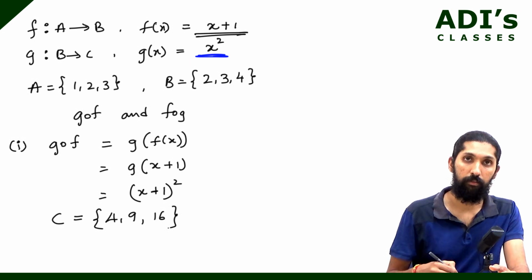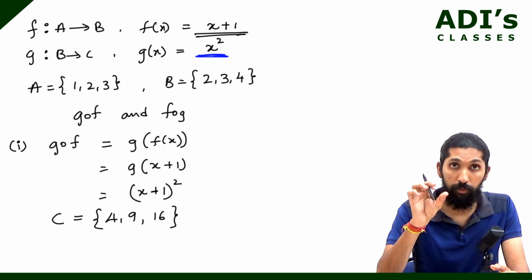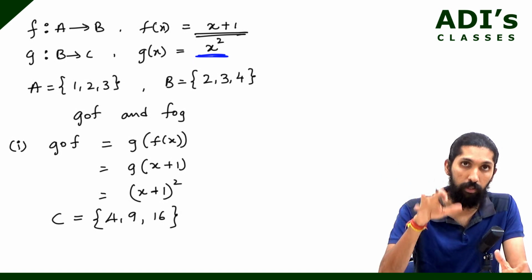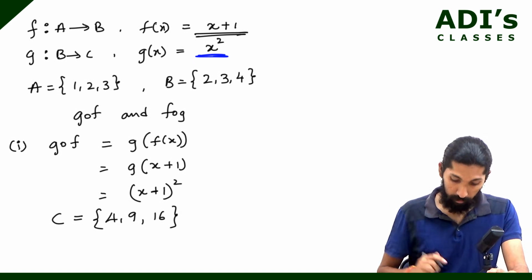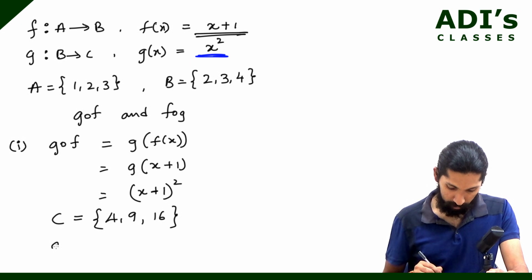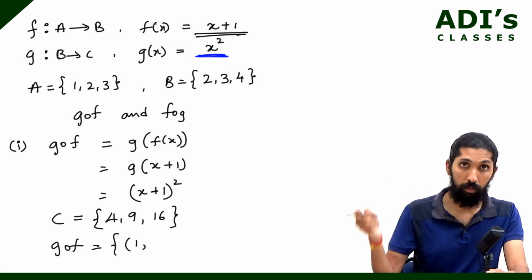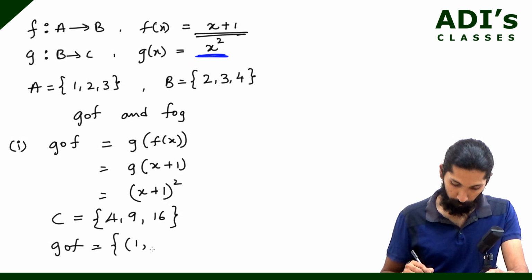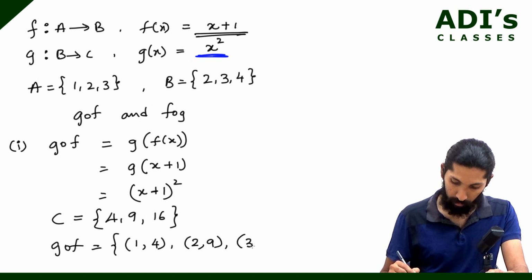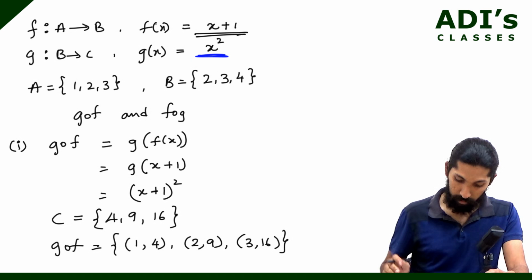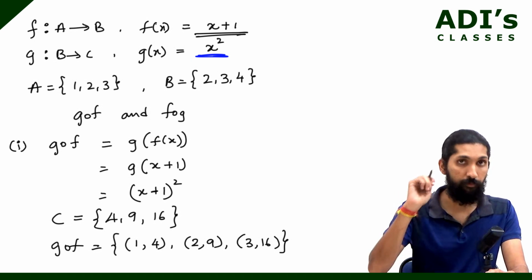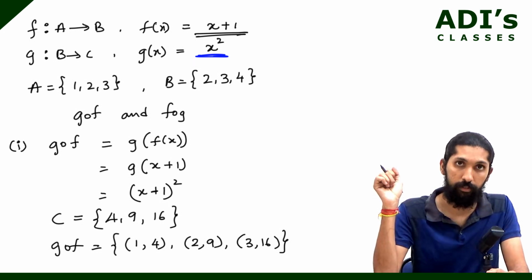This is going to be set C. Or if we are writing as ordered pairs, then g of f of x is going to be 1 comma 4, 2 comma 9, and 3 comma 16. This is basically GOF or g of f of x.